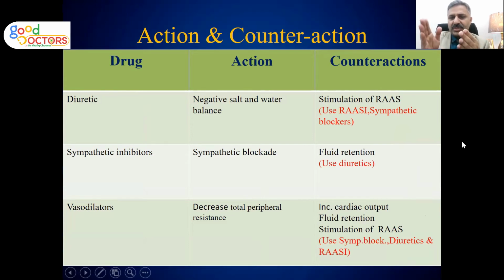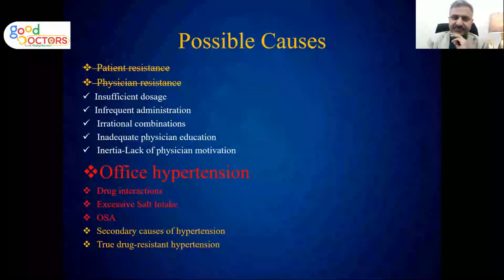So if you use a renin-angiotensin system blocker with a diuretic, that will help. Similarly, if you're blocking the sympathetic nervous system, it causes fluid retention, so you add a diuretic. A vasodilator, by decreasing the total peripheral resistance, will increase the cardiac output, fluid retention, and stimulation of the renin-angiotensin system. So you have to use a sympathetic blocker, diuretic, or renin-angiotensin system blockers with that.